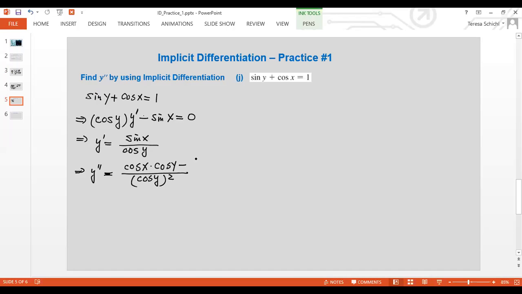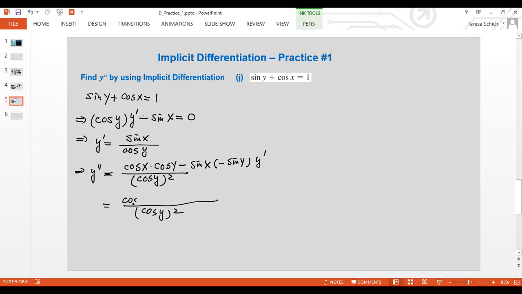Then minus the whole top, which is sine x. Okay, and then times what? The derivative of the bottom. So what is that? The cosine y is negative sine y. Don't forget, every time you're dealing with y, what do you need to have here? Y prime here, right? Okay, so now in here we have this is a cosine y to the square.